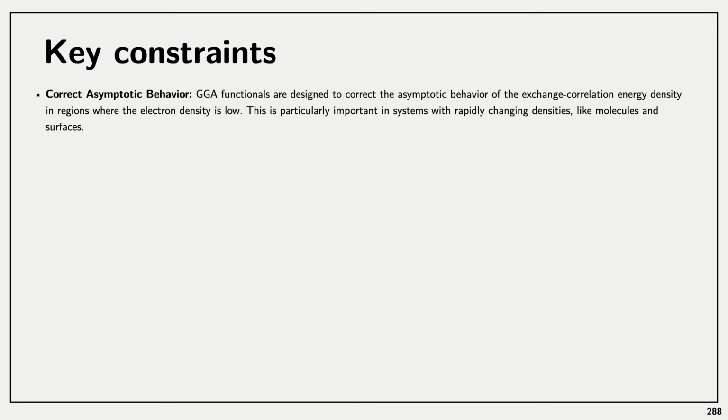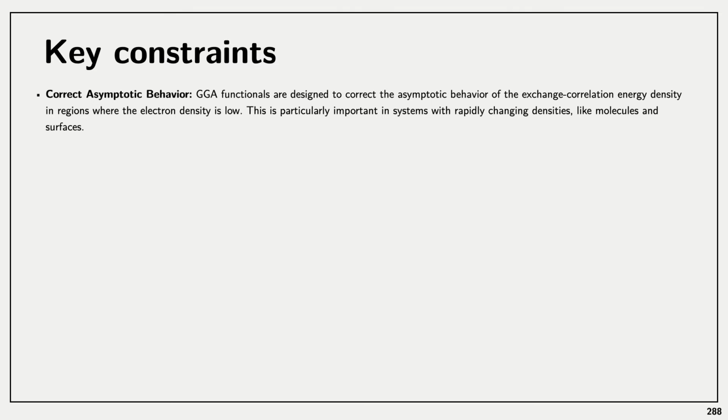So the key constraints that I can mention to you, some of which we've discussed in terms of issues that we had with LDA. First of all, it works on the asymptotic behavior, especially when there is low energy density. If you remember, for a system the potential should behave as 1 over r instead of exponential.